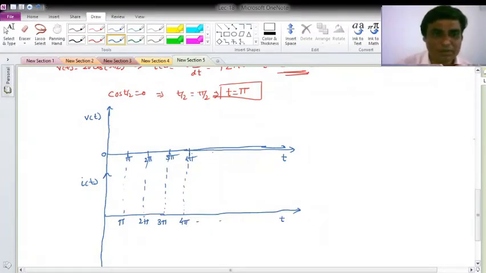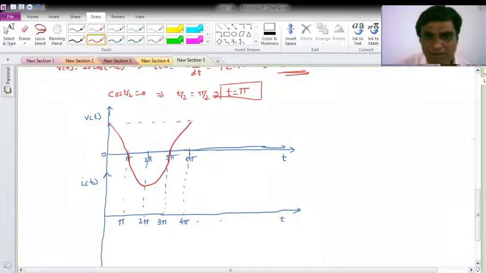Okay, so first let me draw for this voltage. So what will happen, initially the voltage will be at this, then as time progresses your voltage across capacitor will decrease, then from pi to 2 pi it will be like this, from 2 pi to 3 pi it will be this, from 3 pi to 4 pi it will be something like this.